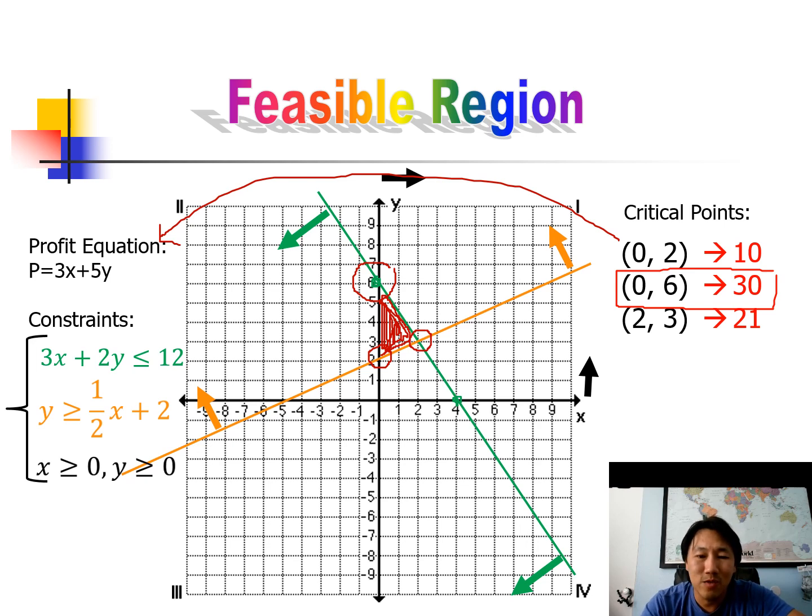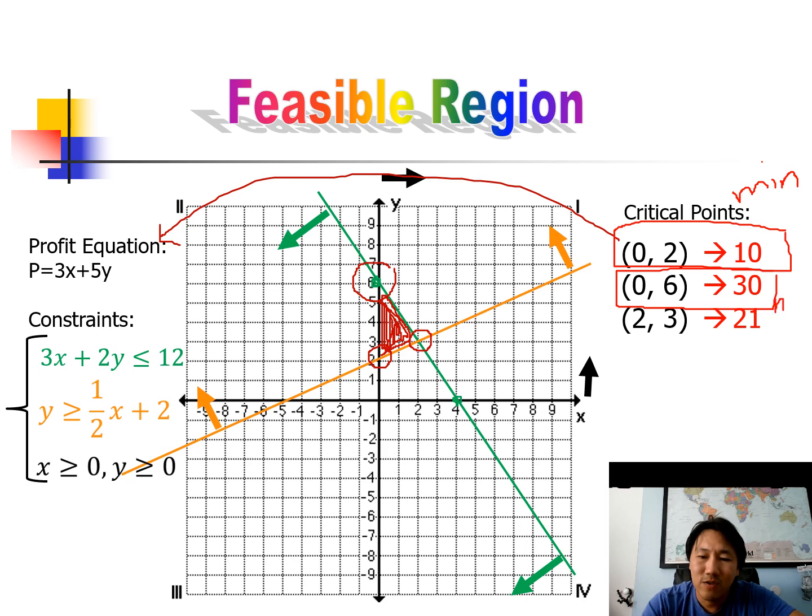Sometimes companies use these graphs to find a feasible region, and then they use those critical points to see what will produce the maximum dollar amount, sometimes the maximum production of something. But sometimes they will also have graphs where they ask for the minimum. And if they're asking for the minimum point, (0, 2) would be the minimum.